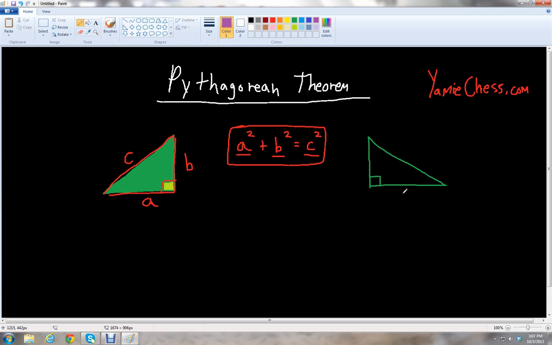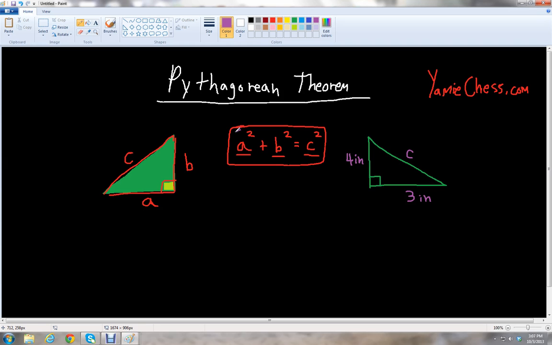Let's say this leg is 3 inches, and this leg here is 4 inches. Then let's say we want to find the hypotenuse. We'll call that C. So we have two known sides, 3 and 4 inches, and C is the unknown side, the hypotenuse that we want to find.